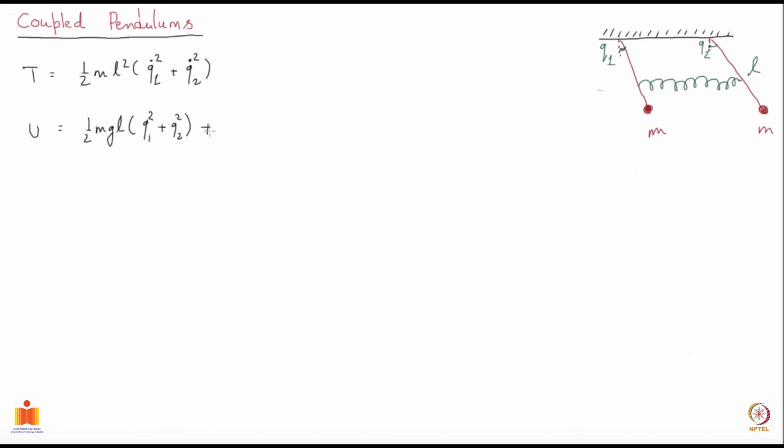And then the other piece comes from the spring, because the spring is getting stretched, and that gives a contribution of half k x square. So you get half k, where k is the spring constant, L square, q1 minus q2, or q2 minus q1, it doesn't matter, square.